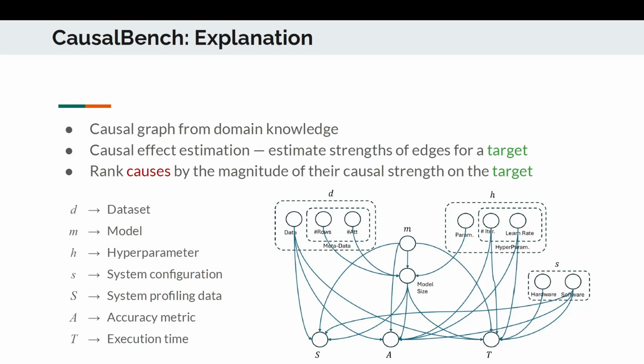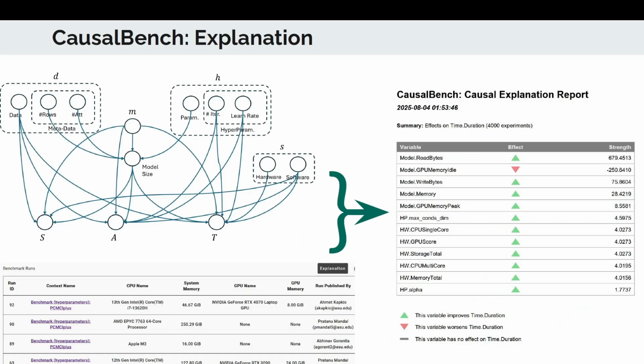Given this causal graph, we can estimate or rank which edges are strongest among this representation. And it is what we achieve with the causal explain feature. In a way, we provide the causal graph, we provide the data, and then using the explanation feature, we receive a report.